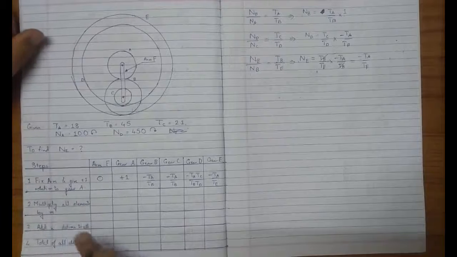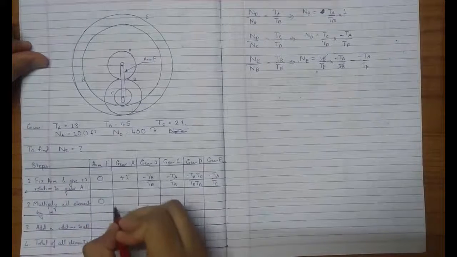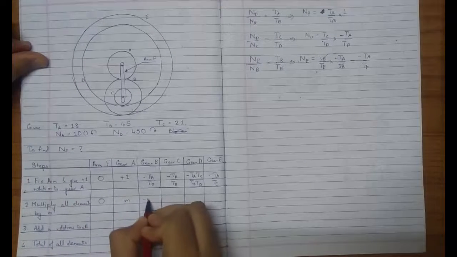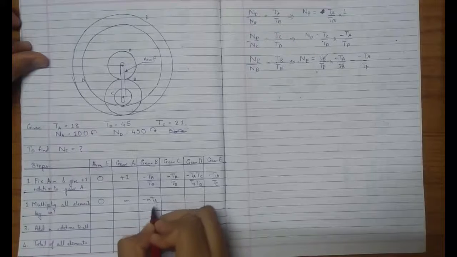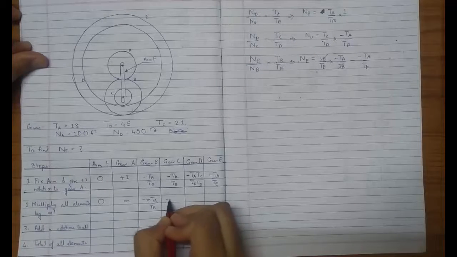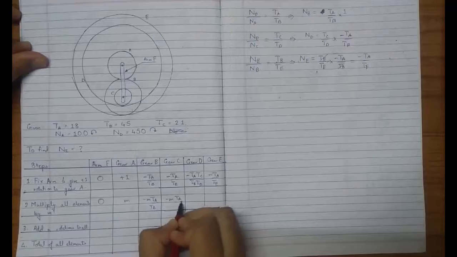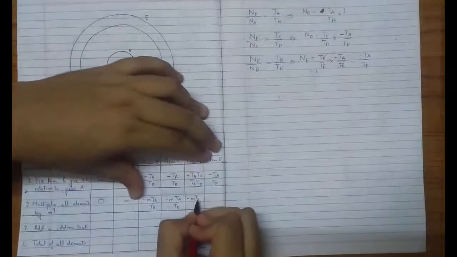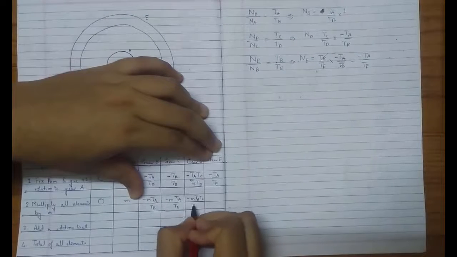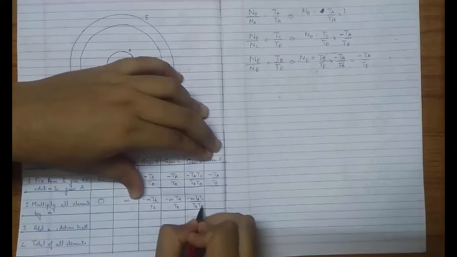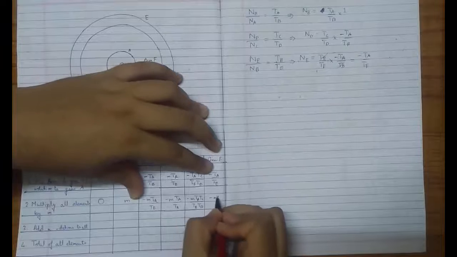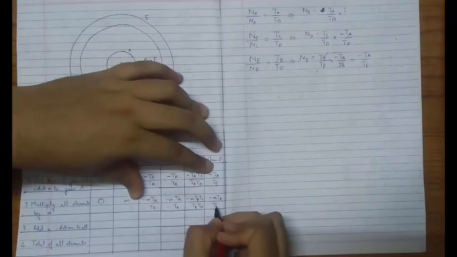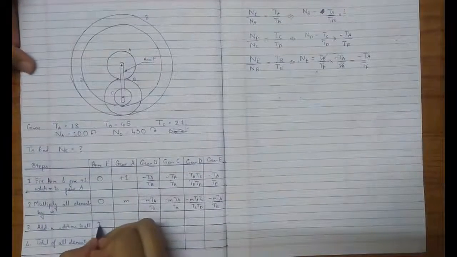Next step, multiply all elements by M. This will be 0. I am going fast. If you want to recap, please look at a previous video. Okay, minus TA by TB, minus M times TA, TC, TB, TD, minus M, TA, TE. Add N to all.